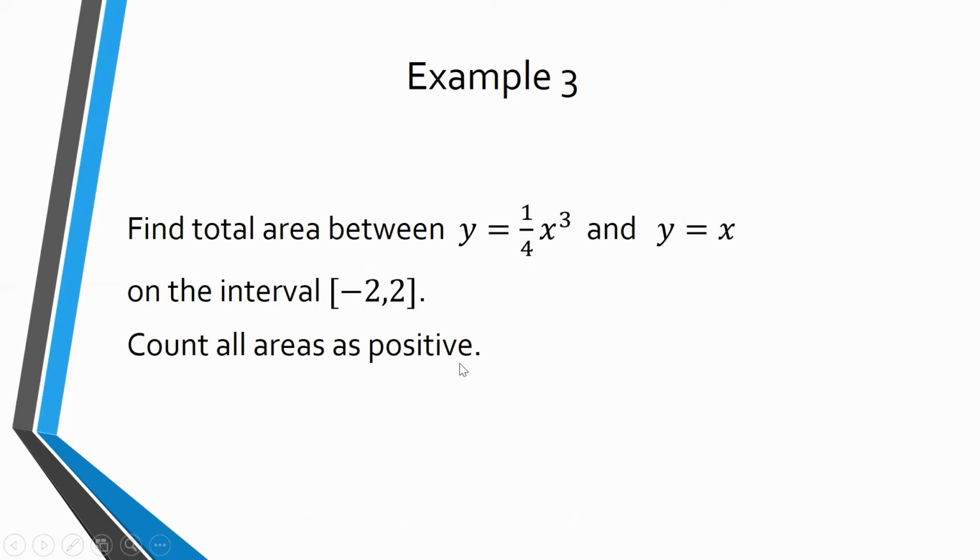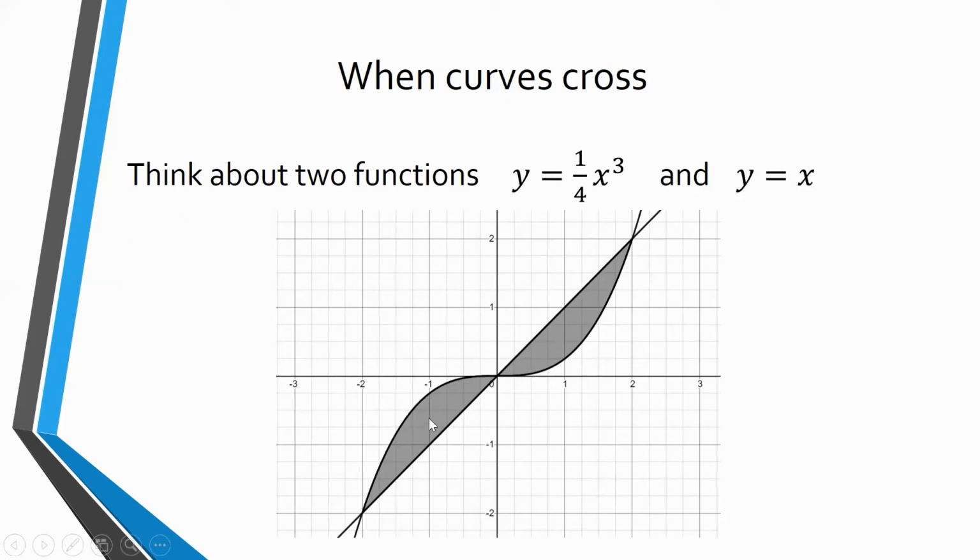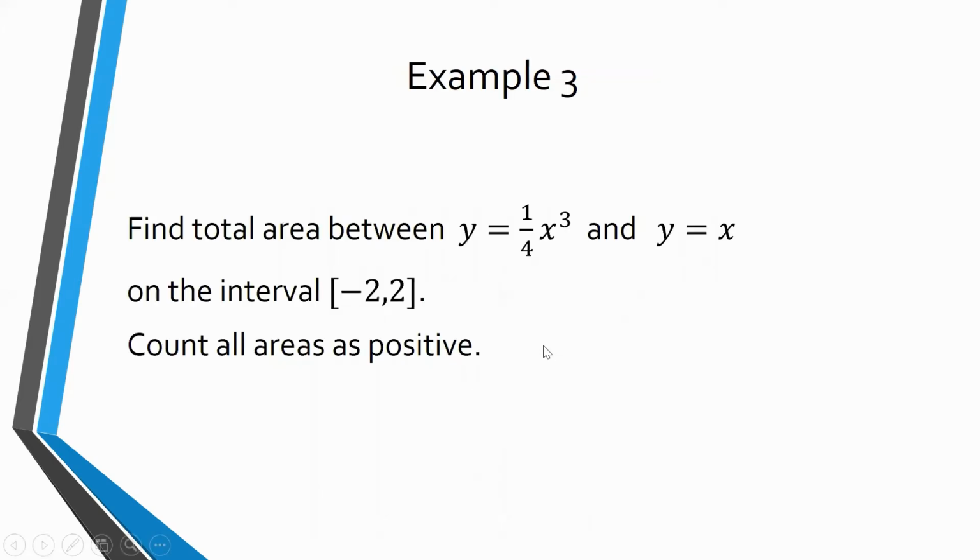Now, so that I'm not ambiguous on what I'm looking for, when I ask you this question, I will say count all areas as positive. That means I want to add these two together and count them both as positive areas. So we're adding up two areas.